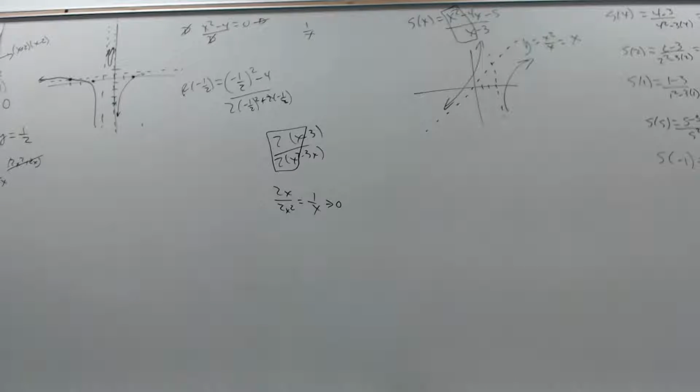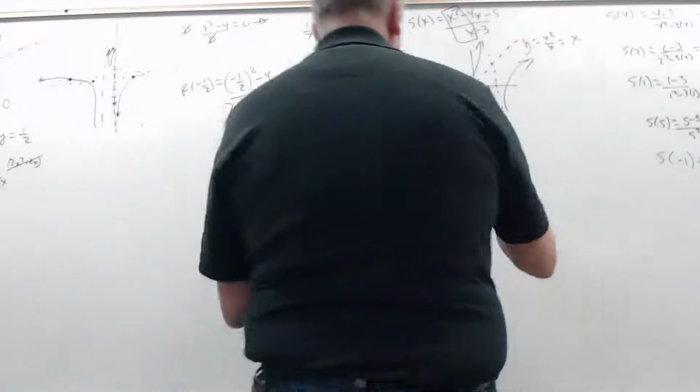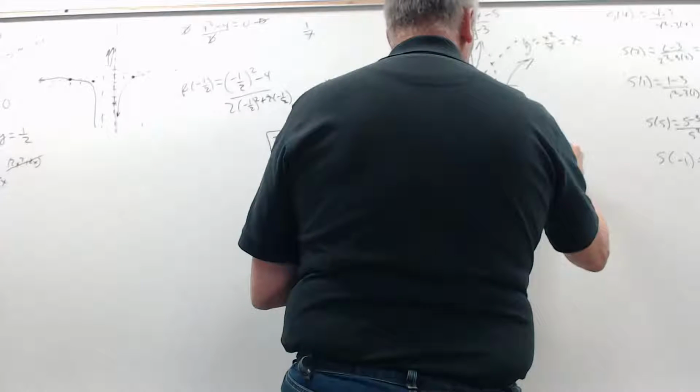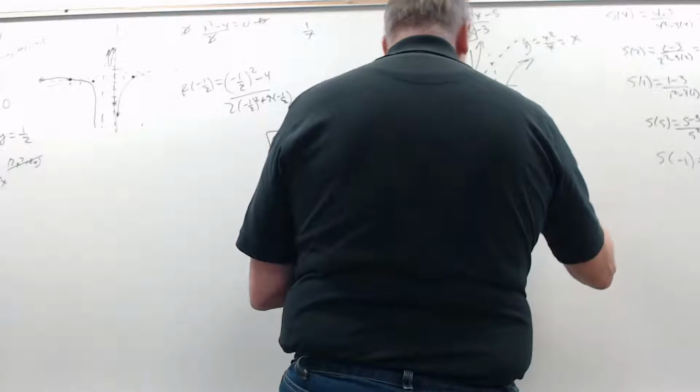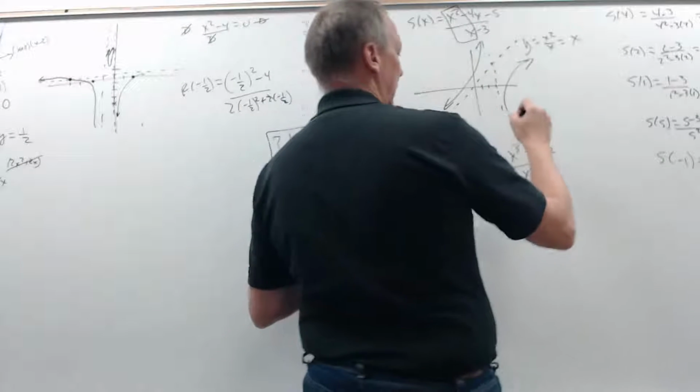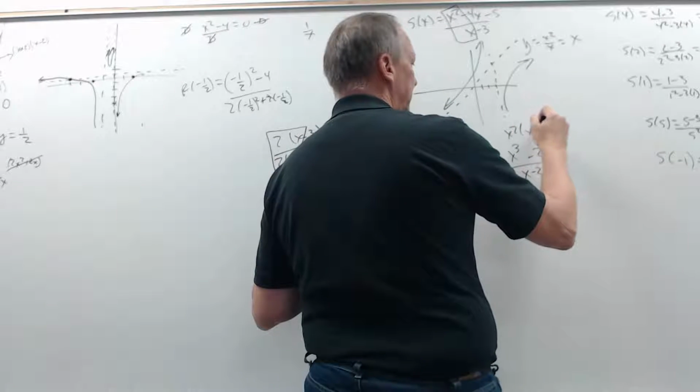The other thing that I want to point out here that's a tricky one is this one here. F of x equals x cubed minus 2x squared over x minus 2. Okay? Now, you can factor the numerator. This is going to be x squared times x minus 2.